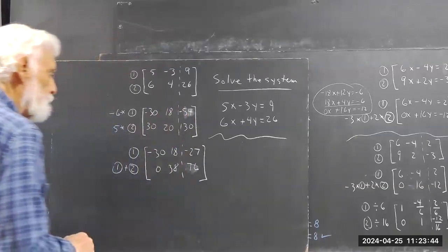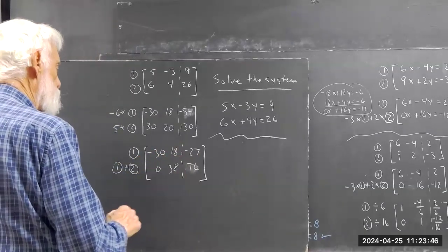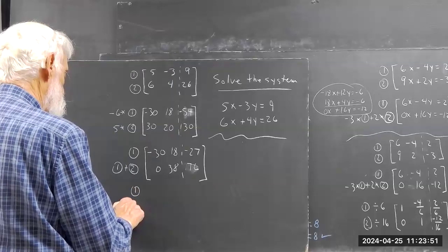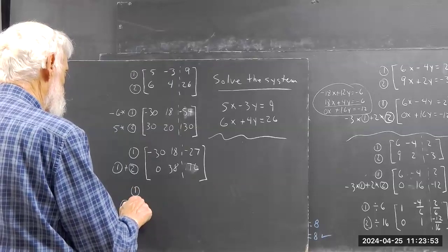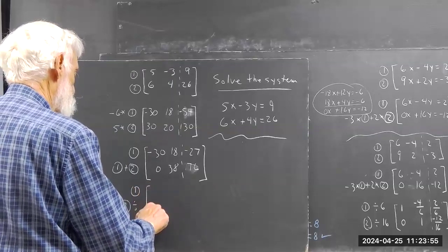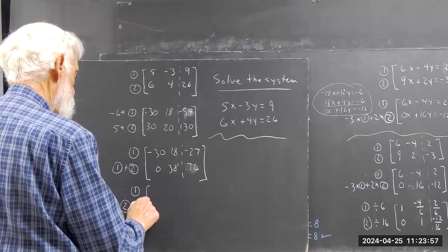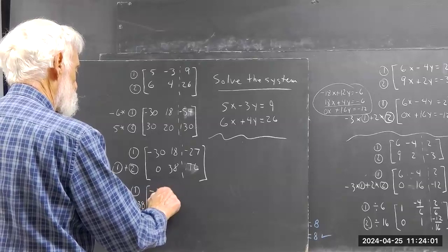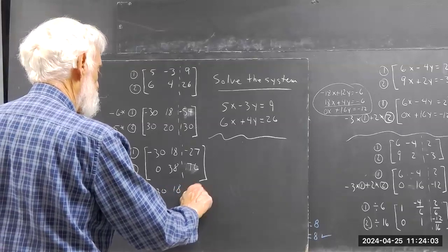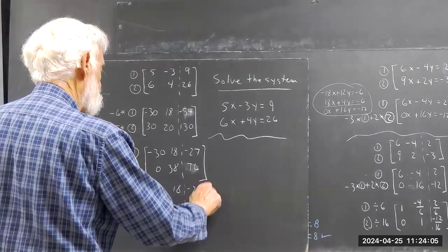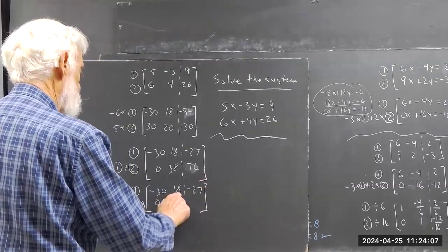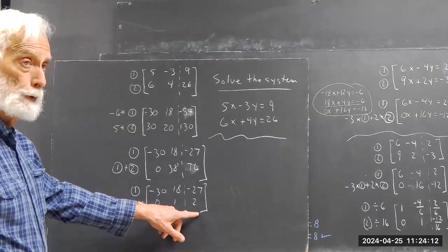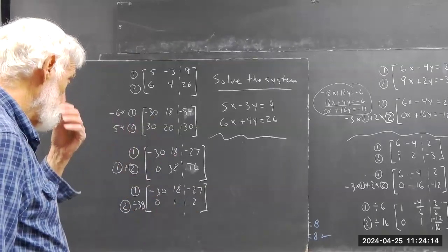Okay. Now, at this stage, I can divide row 2 by 38. I get -30, 18, -27, 0, 1, 2, which tells me that y equals 2, as we saw last time.